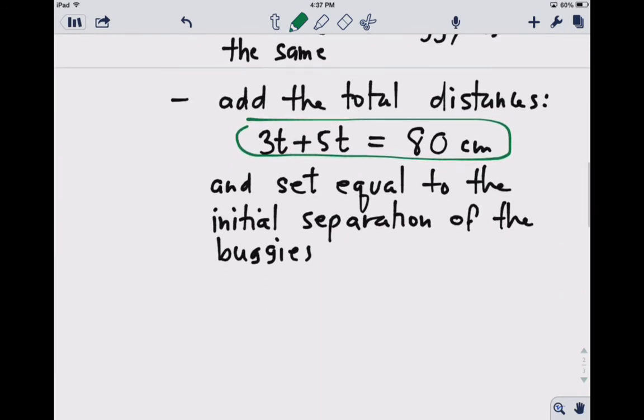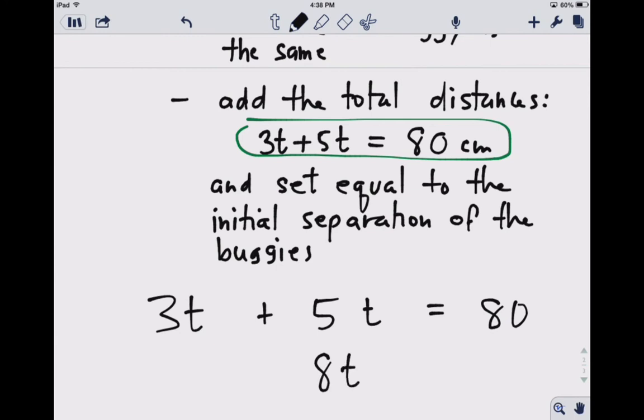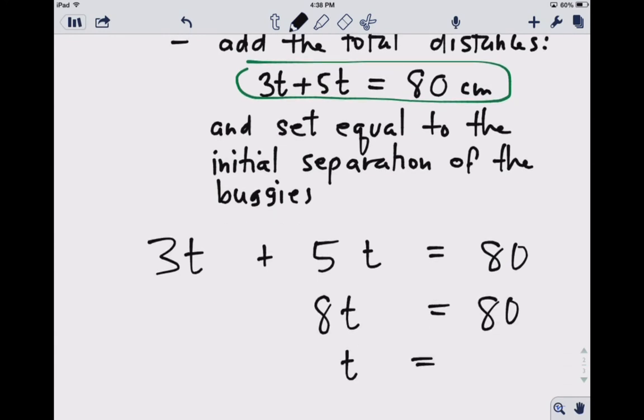So let's come down here and actually solve that. 3t plus 5t equals 80. 3t and 5t can be combined. 8t equals 80. T equals 10. And the unit on that is going to be seconds.